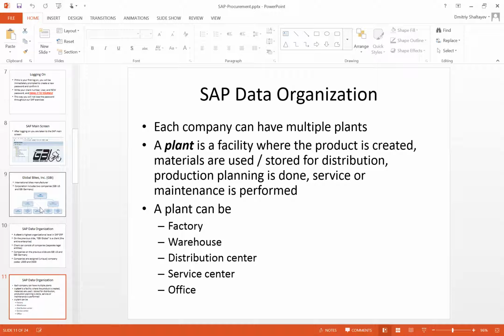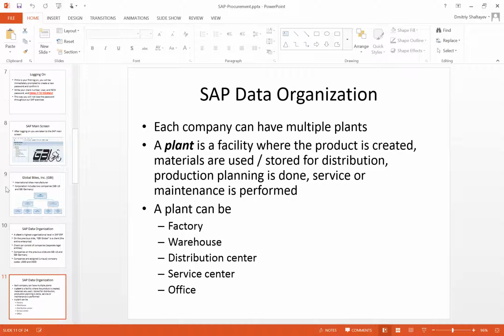It can be a service center, call center, for example, or it can be corporate headquarters, an office where there is no production, no product storage. So in other words, any physical location that a company has, the nature of the location can be different, is called a plant under the SAP organization.